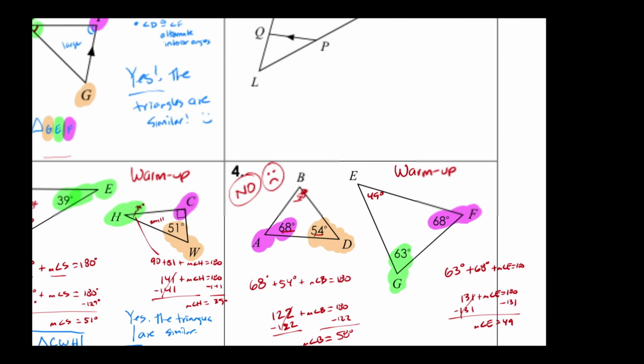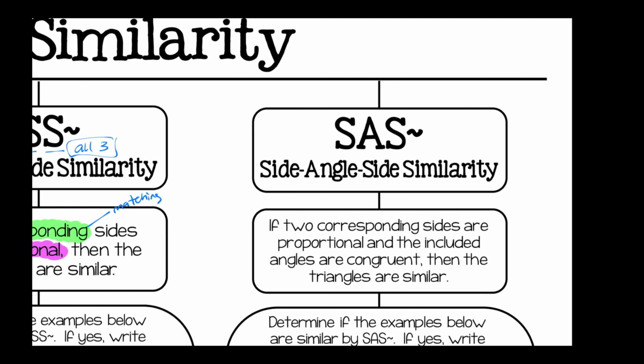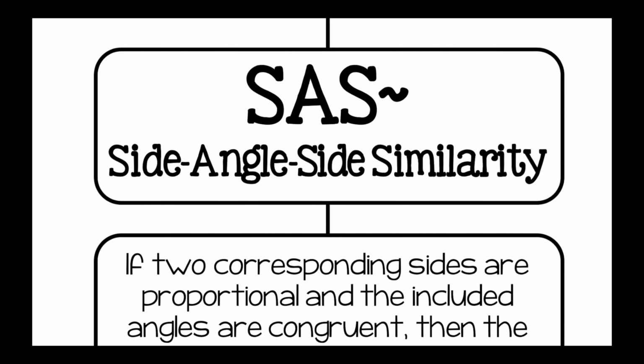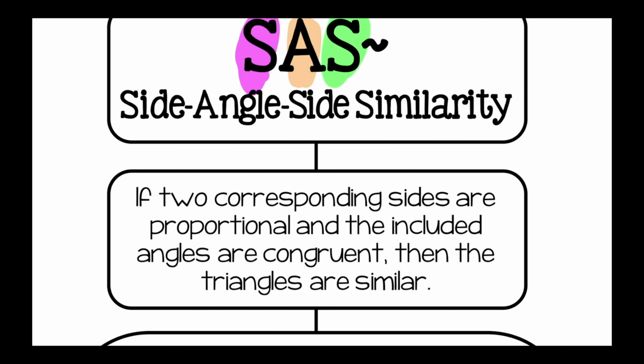All right, so the last thing I'm going to show you, and then we're done and we can go on to spring break, is SAS similarity. And it's exactly the way it sounds. 2 sides and the angle in between them. You got 2 sides and then the angle that's in between them, called the included angle. So if you can find 2 pairs of corresponding sides that are proportional, that means the ratios are equal.